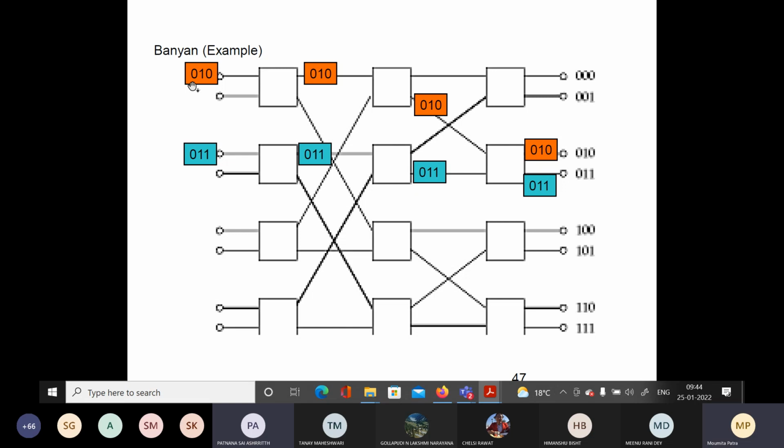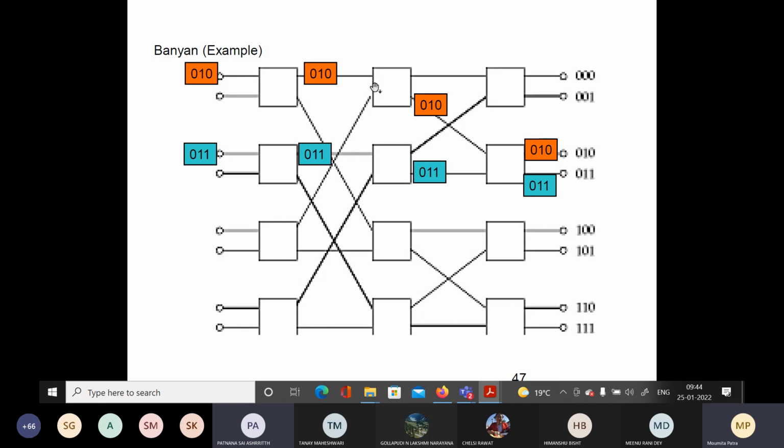It is the first stage, so it is checking this first bit here, and it is 0. So it will be sending it over this line. So now this tag is here, that is 0, 1, 0.